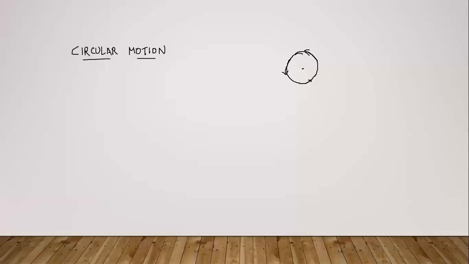So the velocity is always directed towards the tangent. Like if suppose the object is here, the velocity will be always towards the tangent at that point, and acceleration will always be towards the center of the circle. So this is the acceleration and this is the velocity.